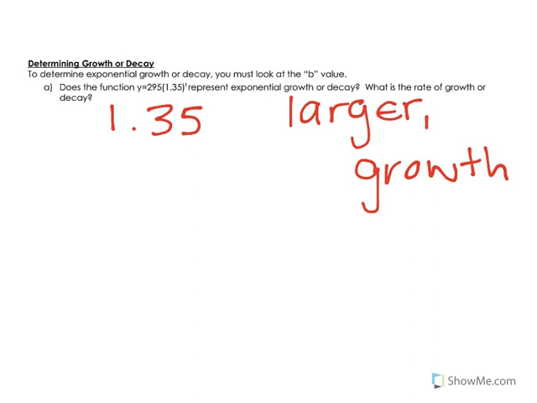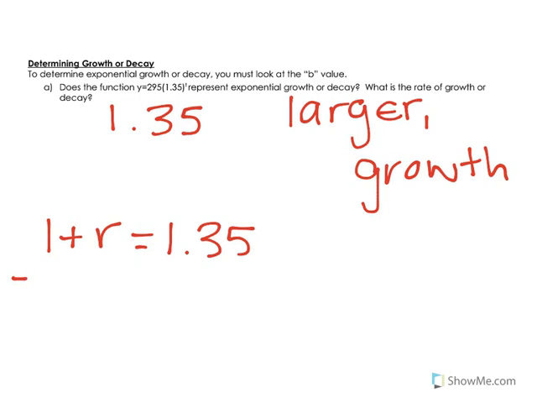So now that we know it's growth, we can use that information to figure out the rate of growth. In the growth formula, in parentheses, we have 1 plus r. And here in parentheses, we have 1.35. You set them equal to each other. Now you have to solve for r because we want the rate, and r represents the rate.